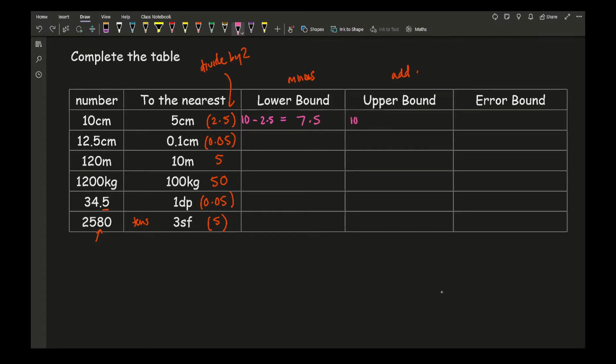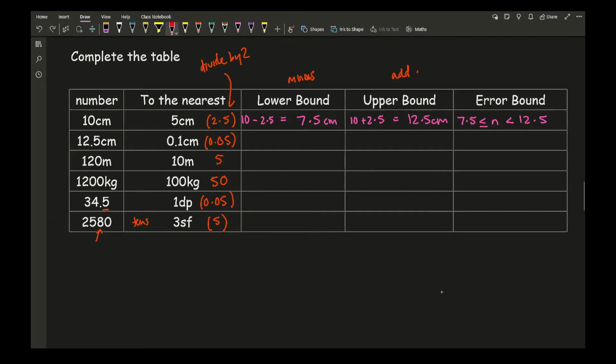I'm going to have 10 plus 2.5, which is 12.5. And again, don't forget the units. So my error bound is going to be 7.5 less than or equal to n, less than 12.5. And again, make sure the inequalities are the same. So that first one should be less than or equal to, the last one should be just less than. And your inequality should always be pointing in the left direction, never to the right, or in opposite directions.